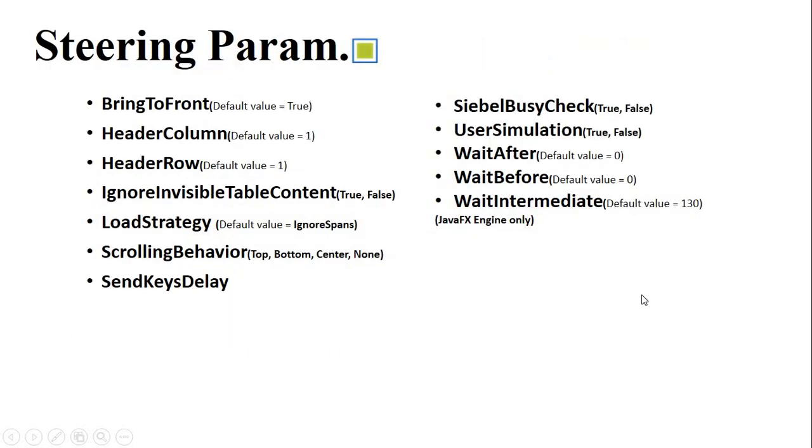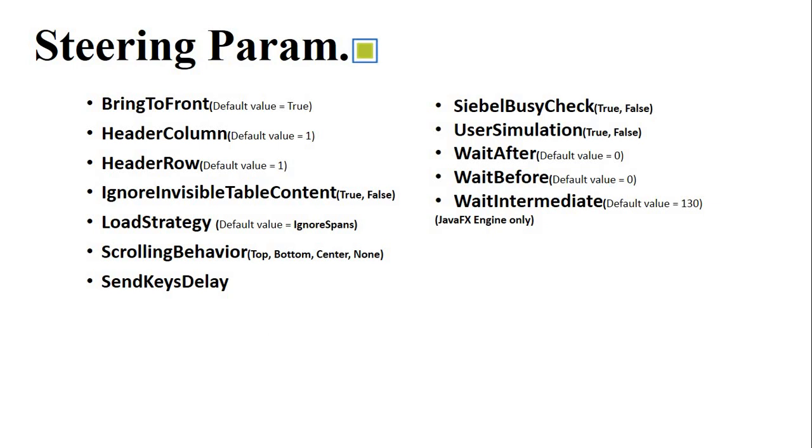The next one is the steering parameter. These steering parameters have some specific behavior when you are going to steer your objects. They can be bring to front, header column, header row, and other values you can also see on the screen. Let me explain bring to front.